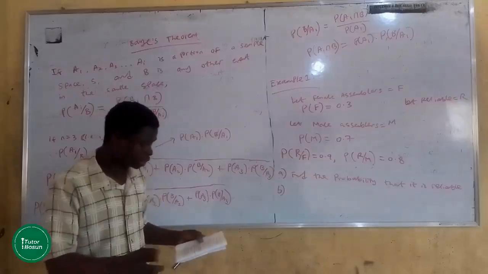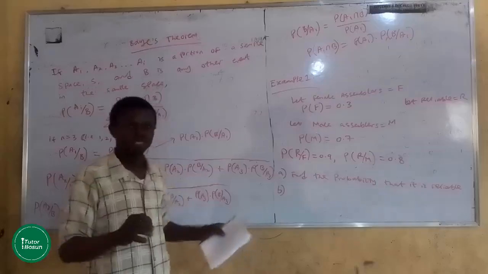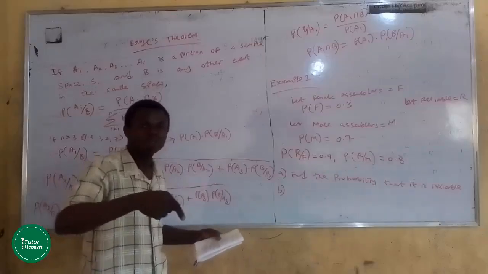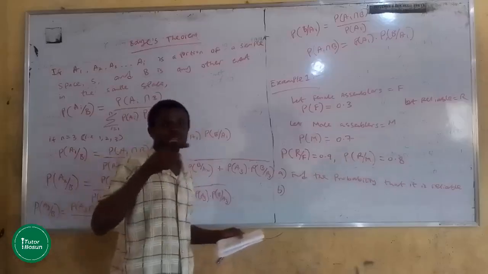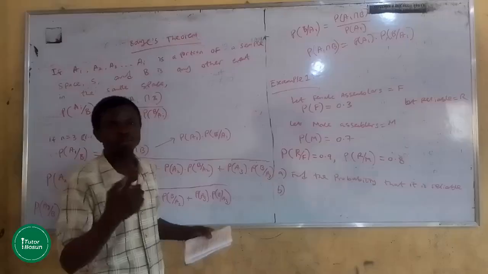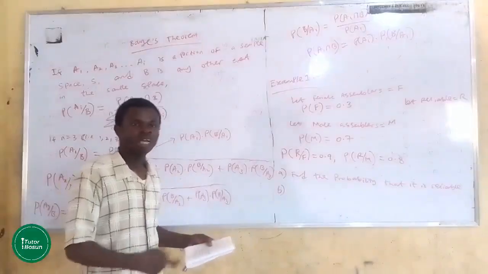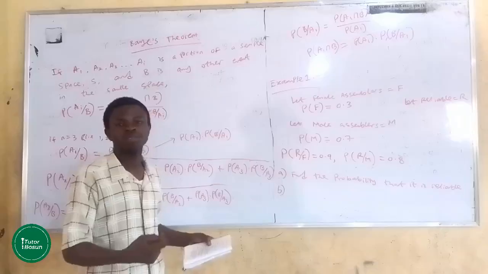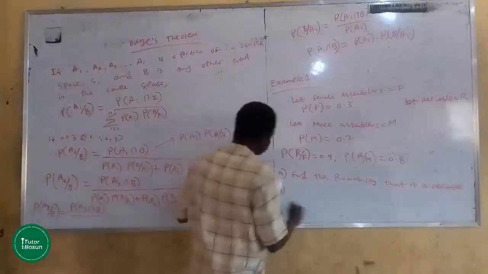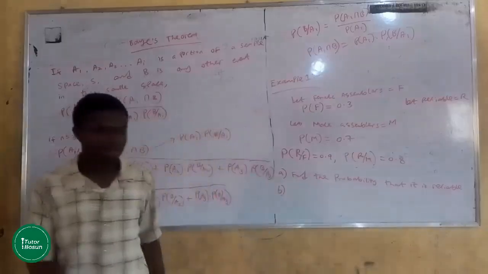What the second question is telling us is that the instrument has been picked and found to be reliable. Given the fact that it is reliable, was it assembled by the female or the male? Find the probability that it was assembled by the male, and find the probability that it was assembled by the female, given that it has been determined as a reliable instrument.